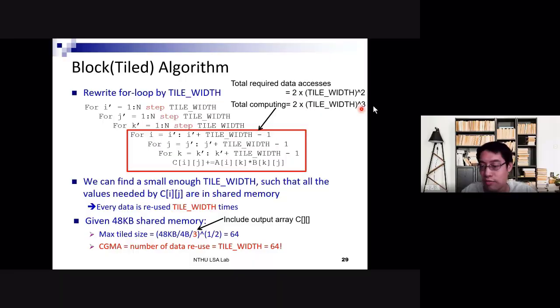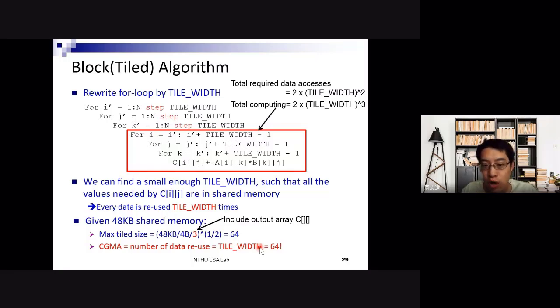So that's tile width to the 3. Okay. So same as before, after you divide it, you will see the CGMA ratio will be controlled by the tile width. But now the length of the matrix is not the input's size. Instead, it is a fixed variable that we configure, called the tile width. Okay, so we can configure it to any number.